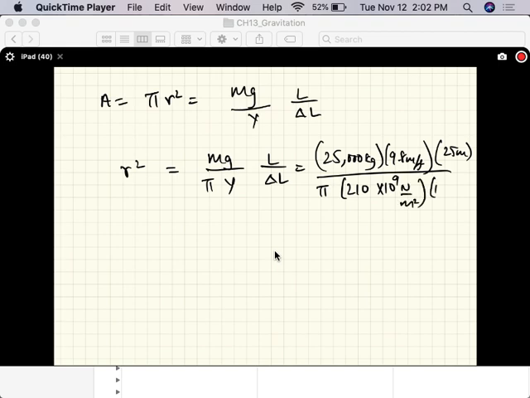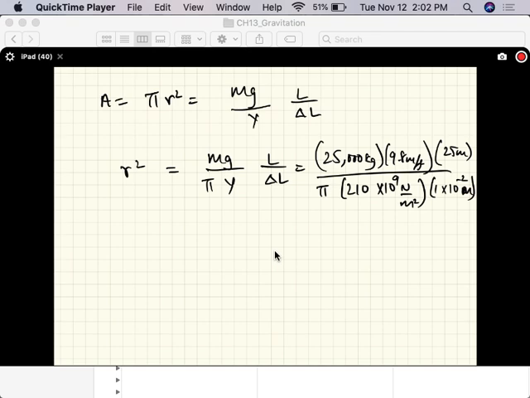And you don't want it stretching more than 1 centimeter. So you see from this equation, the greater the stretch, the smaller the area of cross section. The thinner the wire, the greater the stretch.